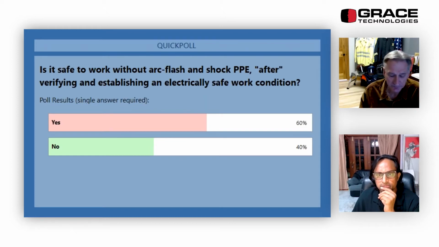Yep. Thanks, Charlie. Let's go to the next question, which is, there's a statement: it is not necessary to visually verify all blades of a disconnect switch are fully open as long as absence of voltage is tested. True or false?